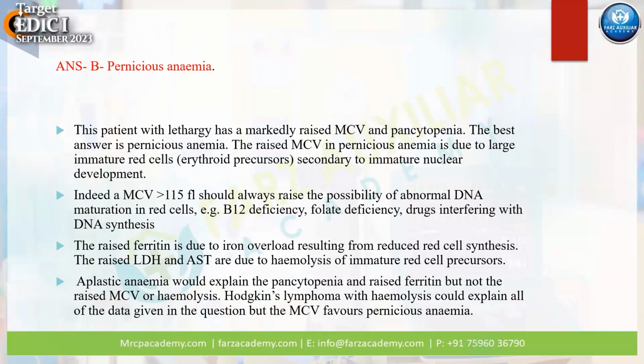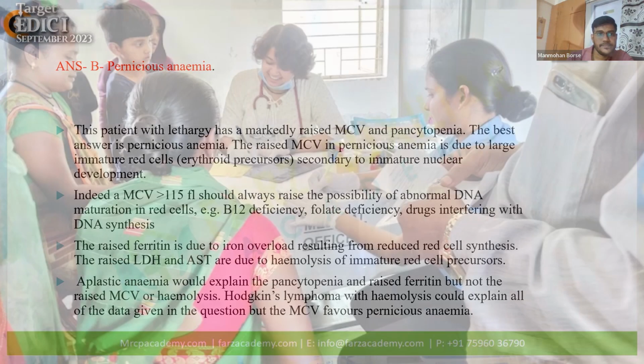Yes, good. The raised ferritin is seen in other diseases too, but here it is because of the reduced synthesis and hemolysis of the immature cells. Aplastic anemia would explain your pancytopenia and raised ferritin, but it won't justify the raised MCV. So pernicious anemia is the right answer.